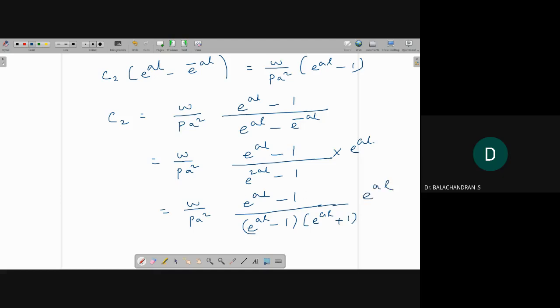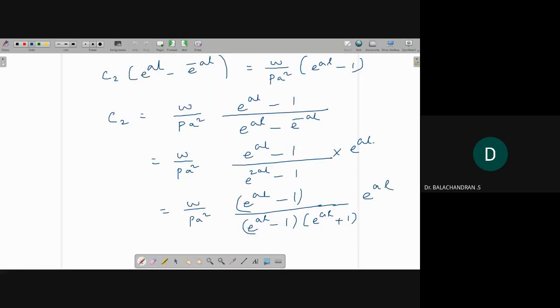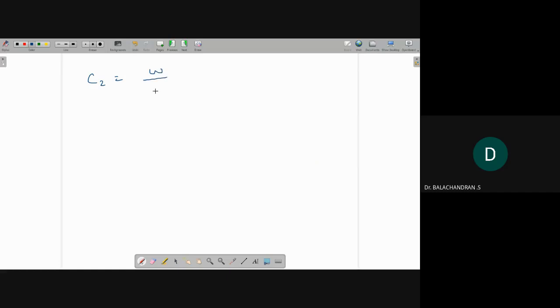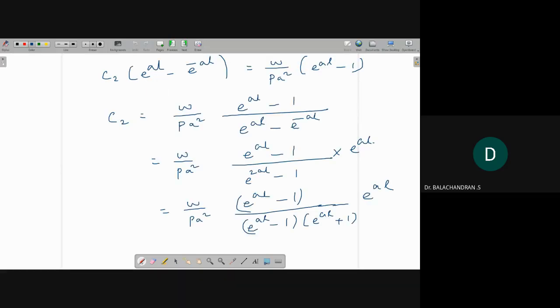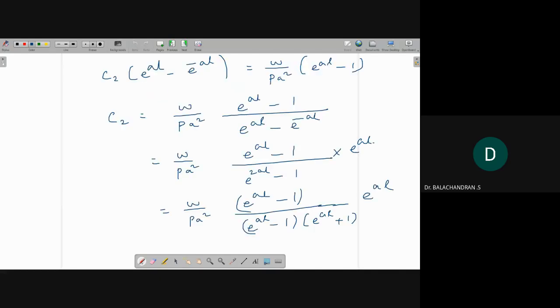So you can cancel these two terms. Finally, you'll get C2 equal to omega by P square into e power AL by e power AL plus 1. So this is C2. Now C1.